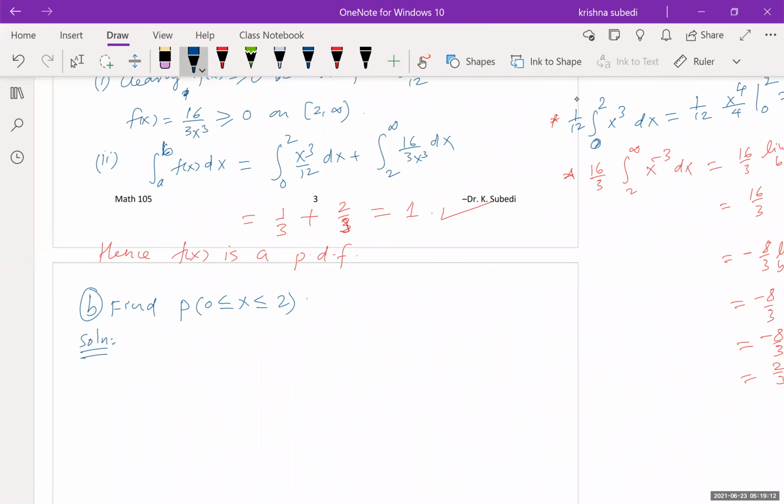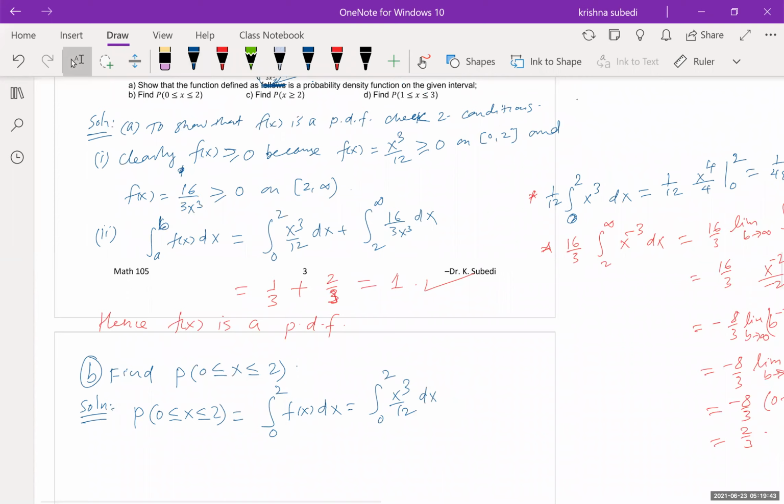And remember, we define the probability as a definite integral, right? So P of x between 0 and 2 can be written as the integral from 0 to 2 of f of x dx, which means 0 to 2, our function for that interval 0 to 2 is basically x cubed over 12 dx, okay? So look at that.